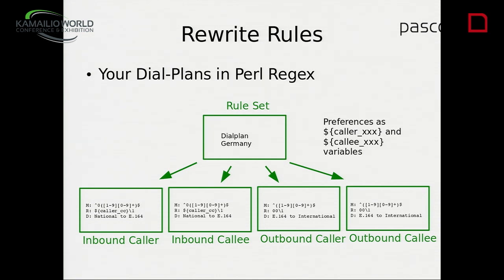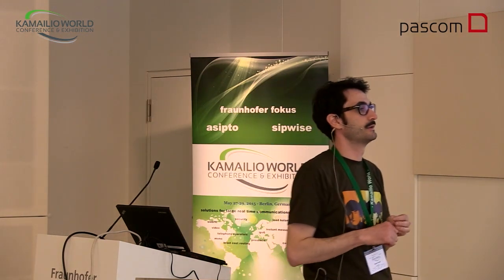Then the from and the request URI are rewritten. The system will check the destination based on these rewritten numbers and select the destination, which can be the peer or another subscriber inside the platform.